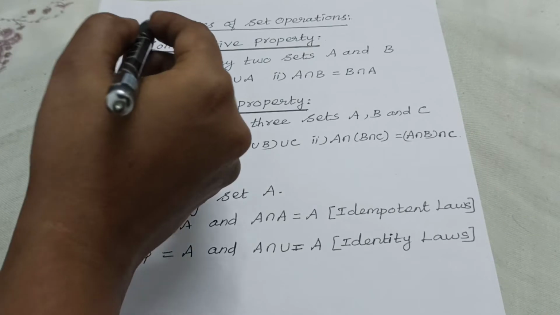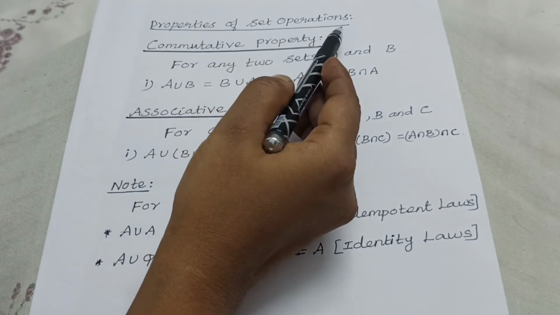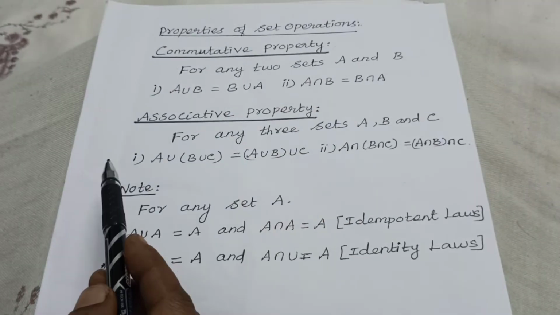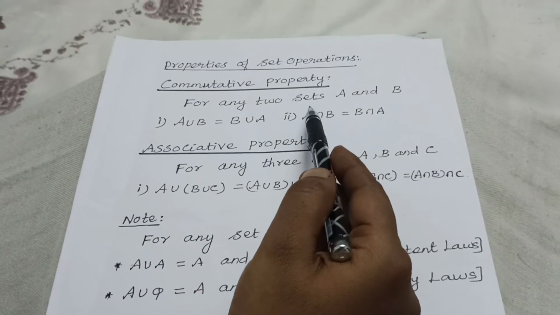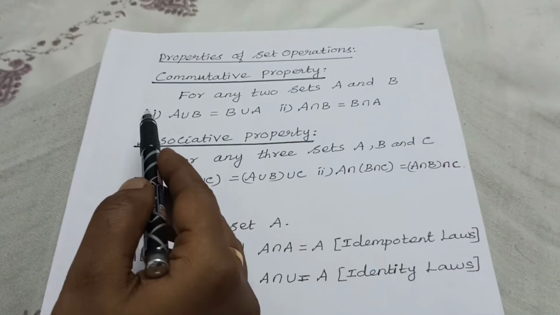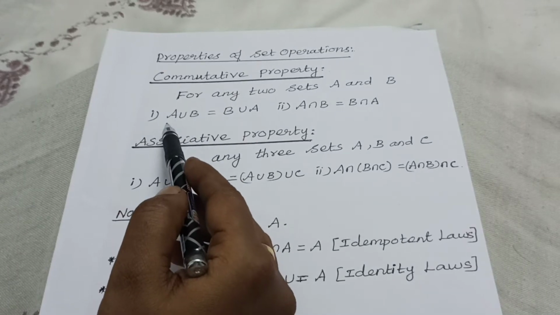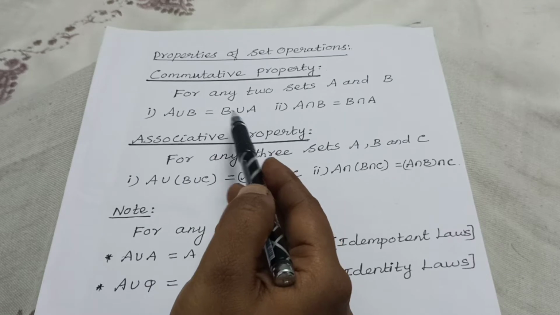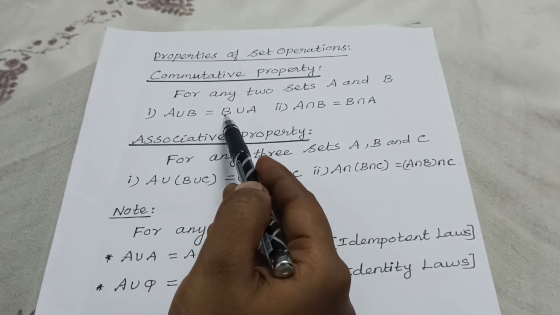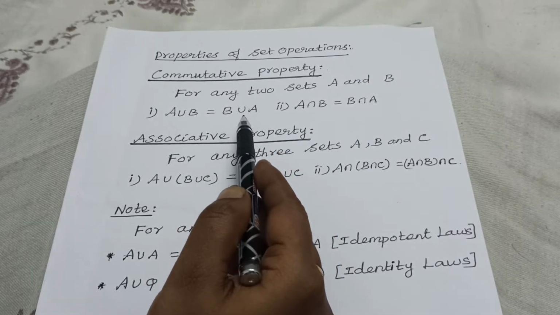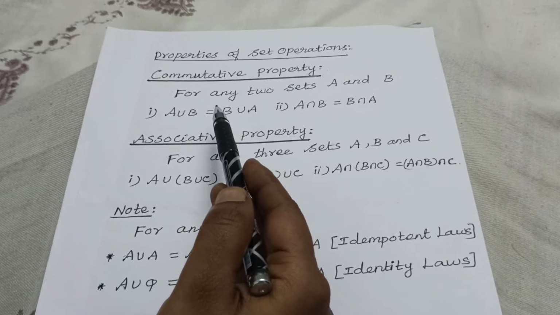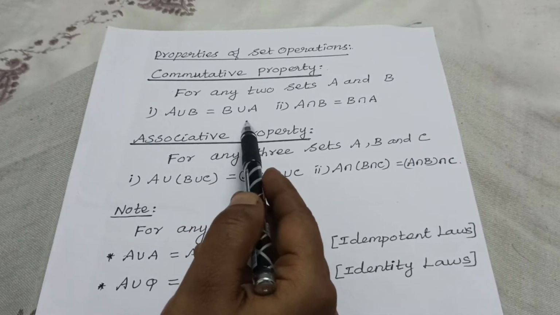Now let's see the properties of set operations. First one, commutative property. For any two sets A and B, first one, A union B is equal to B union A. This property is called the commutative property of union of sets.